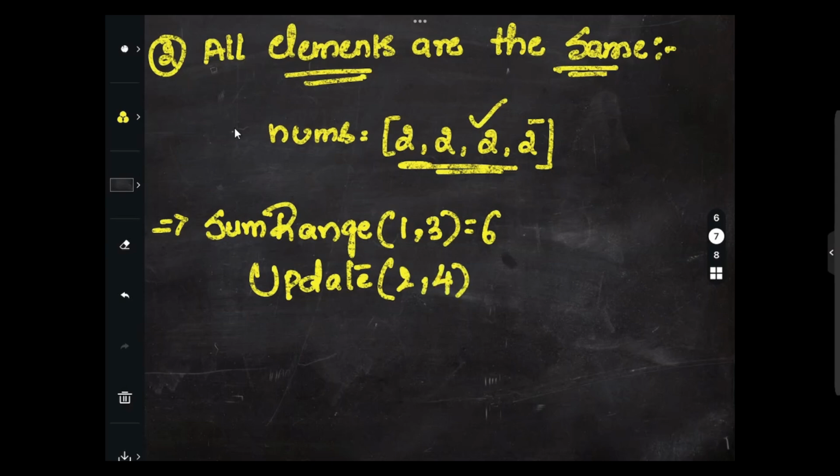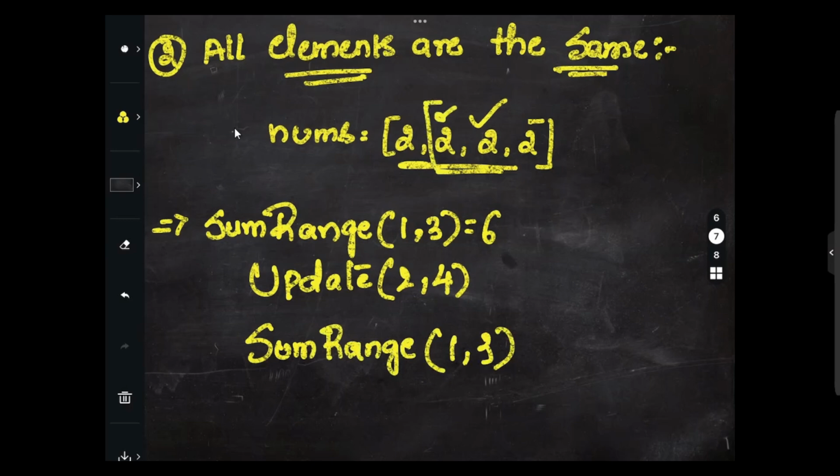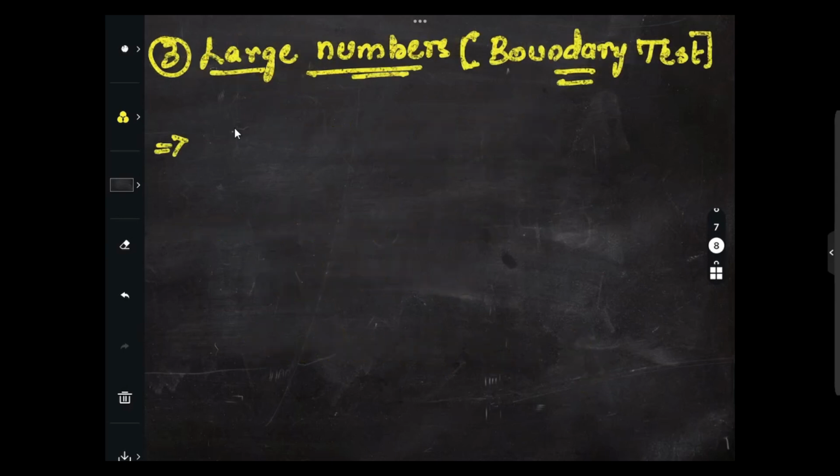This is fine. Then sumRange of 1 comma 3. After updating, this becomes 4, right? 2 plus 4 plus 2 is nothing but 8 here in this case, right? So I hope this is clear. This is for the condition where all the elements are same.